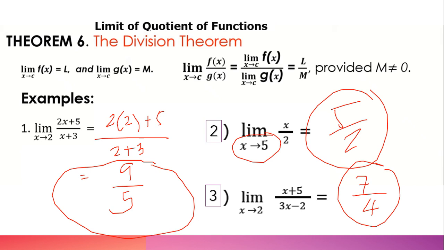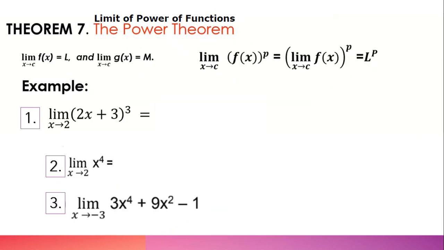Pag may nakita kayong fraction or division bar, automatic po, division theorem, or quotient of functions. Si power kasi, ibig sabihin po, there's an exponent, automatic po na power siya kapag may exponent. Kahit na may plus siya, kahit na may minus siya, at gumamit siya ng mga exponent, it is considered as power theorem just like in number 3.